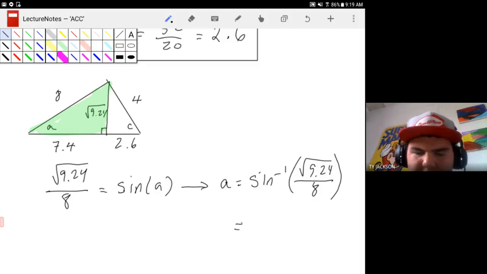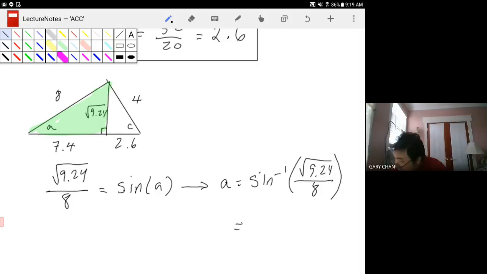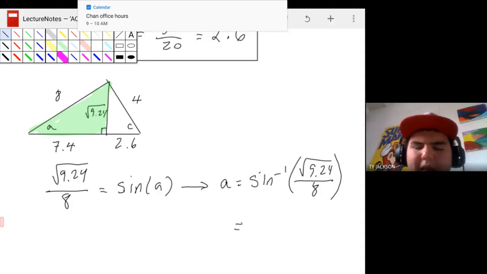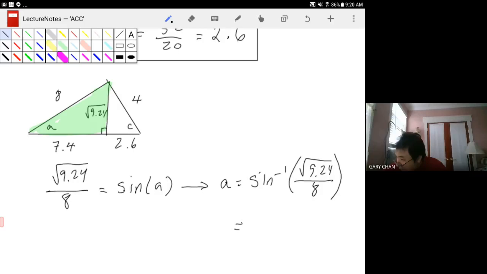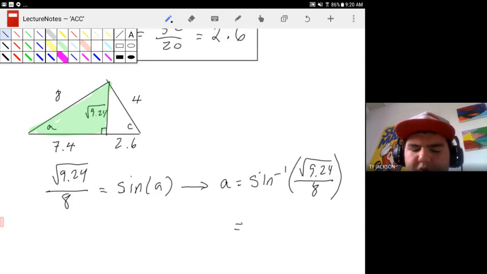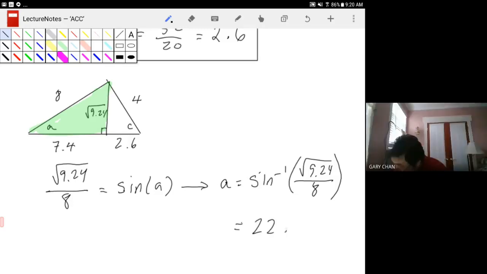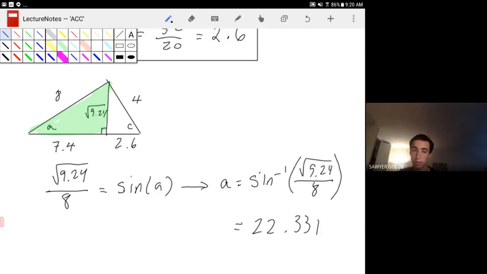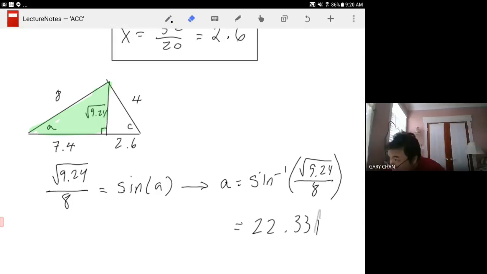We're trying to figure out what angle A is, so we need to use arc sine. What do we have to round to, the nearest tenth or hundredth? Just give me maybe 3 decimal places. All right, 22.331. Up to 22.332. Yeah, I have that. It's 22.332.